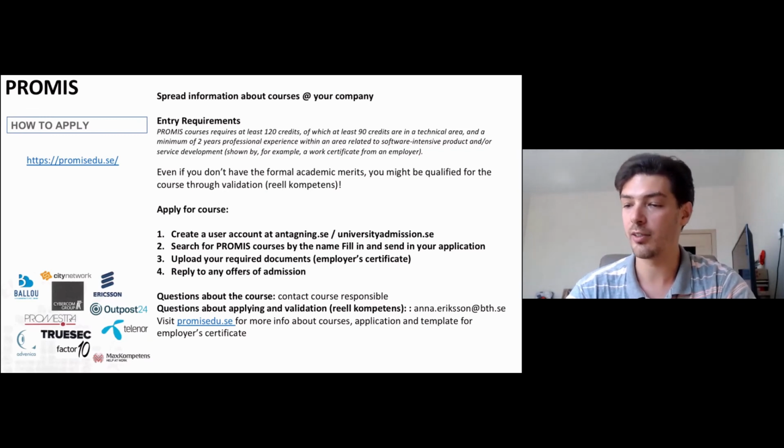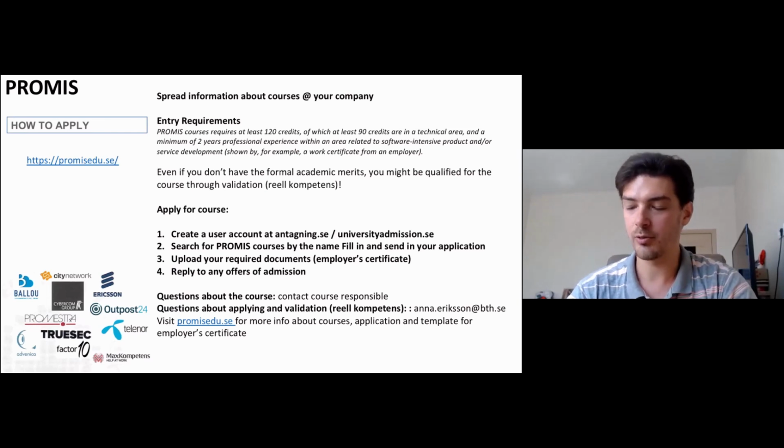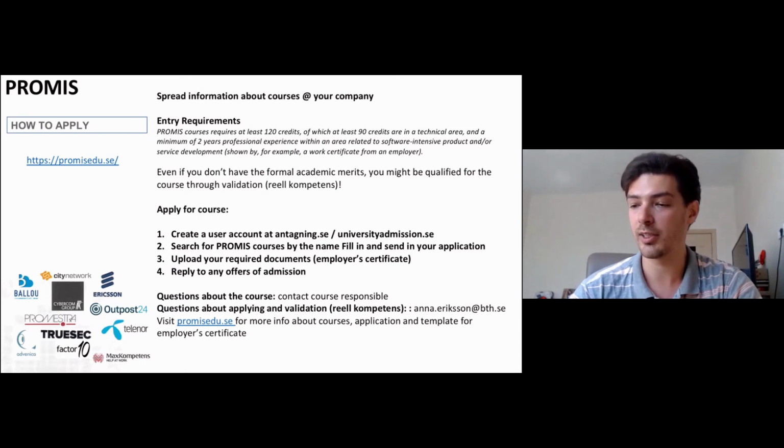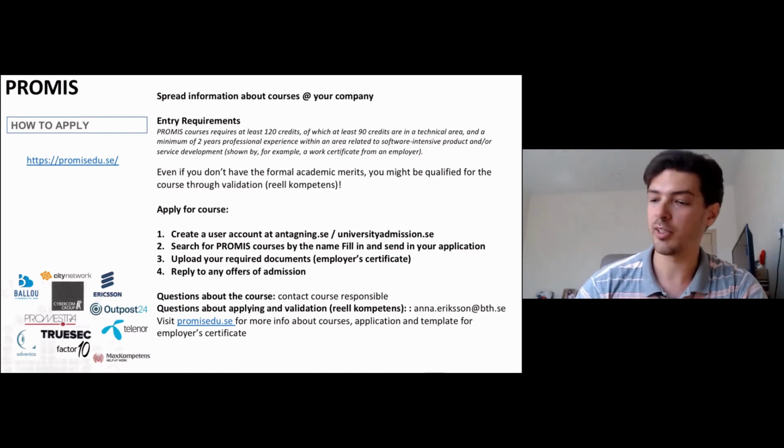So again, this is a master course for students as well as for engineers. So if you work for 2 years and you understand the software development life cycle, you are welcome to join and get knowledge and skills on how to introduce security into the software development life cycle and use best practices in your work.